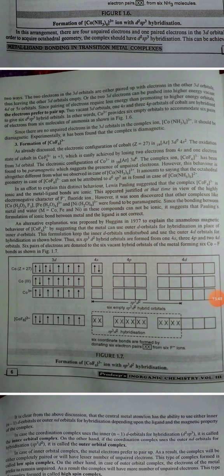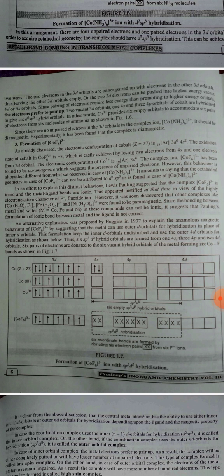An alternative explanation was proposed by Huggins in 1937 to explain the anomalous magnetic behavior of [CoF6]³⁻, by suggesting that the metal can use outer d orbitals for hybridization in place of inner d orbitals. This formulation kept the inner d orbitals undisturbed and used the outer 4d orbitals for hybridization.